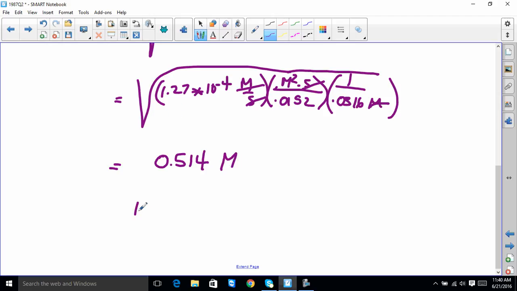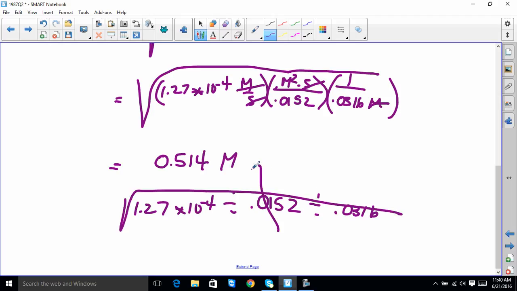So apparently 1.27 times 10 to the negative 4 divided by 0.0152 divided by 0.0316, and then taking the whole square root of that whole thing ends up being 0.0514.